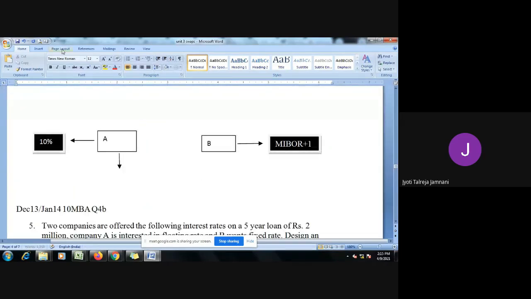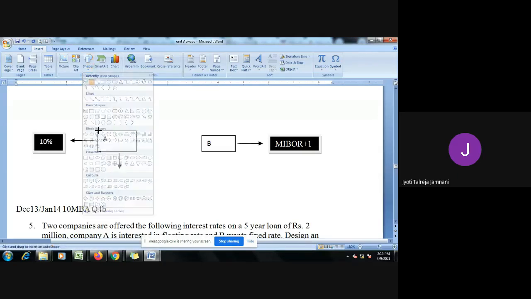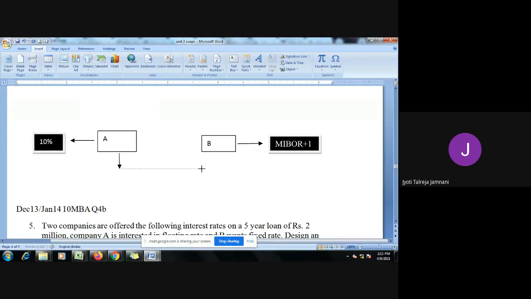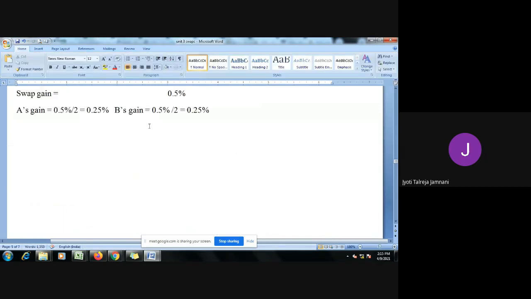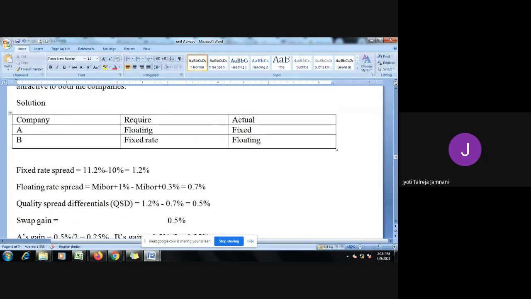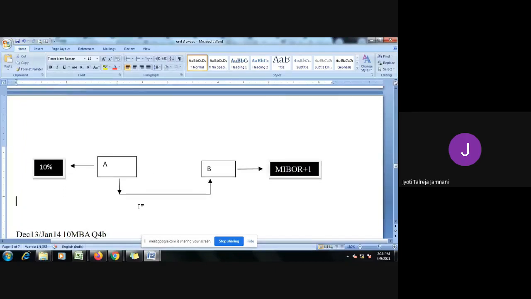A will transfer it to B. Let's see how much is the floating rate for A. A's floating rate is MIBOR plus 0.30, so that will be transferred by A to B directly, no banker, no intermediary in between. So MIBOR plus 0.3%.